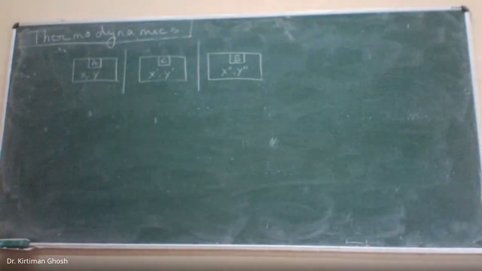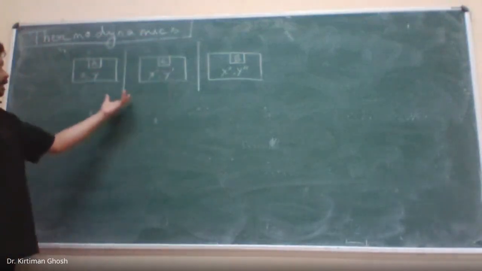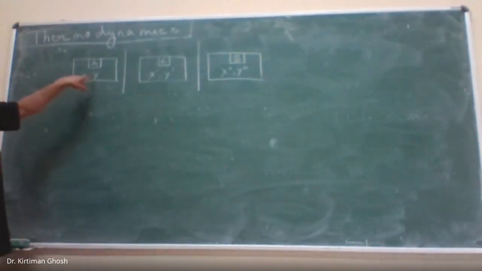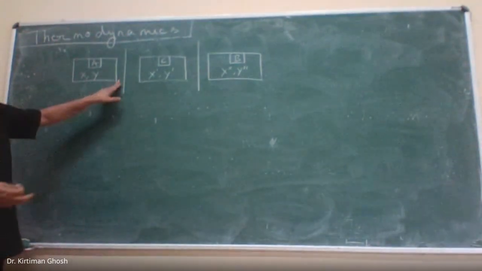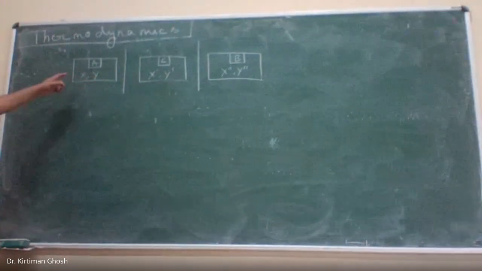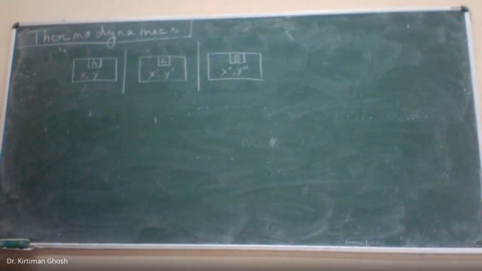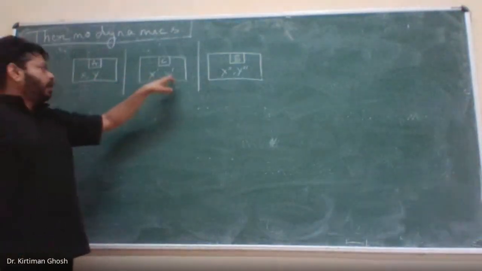So let us focus our attention on these two systems, system A and system C. Since they are in contact through a diathermic wall, they will interact thermally with each other, and the coordinates x, y and x prime, y prime will change. So x and y will change, and also x prime and y prime will change.